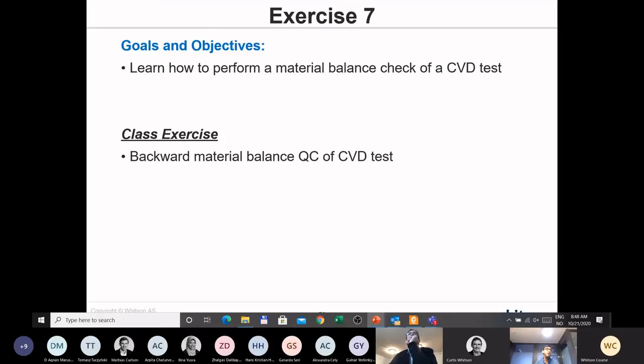You can use that data to tune your equation of state model without having these other experiments, CVD or DLE. But on the other hand, if you have only one sample, one composition, the total composition of the sample, then you would try to get more PVT experiments to get the data that reflects the K values with varying composition, pressure, and temperature.